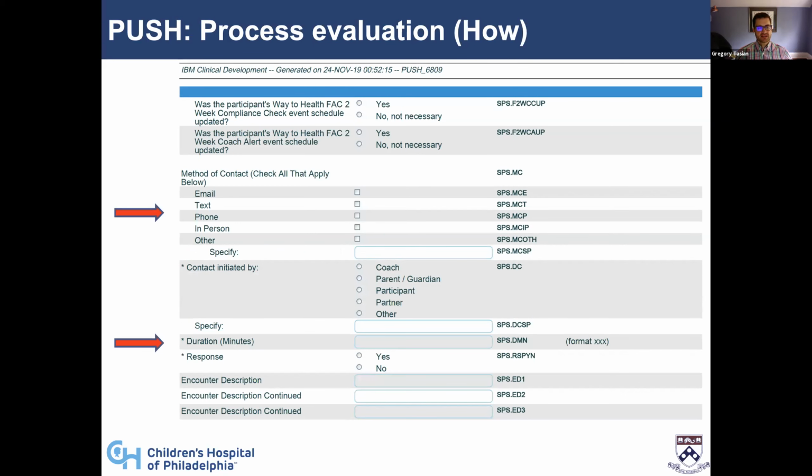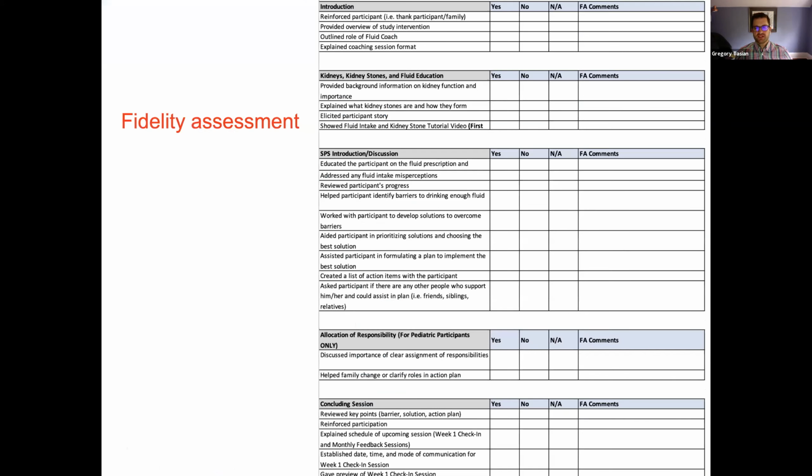And the means of contact, and then the duration of the intervention per participant and per contact. And then finally, here is the fidelity assessment.